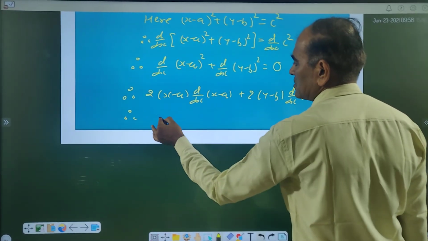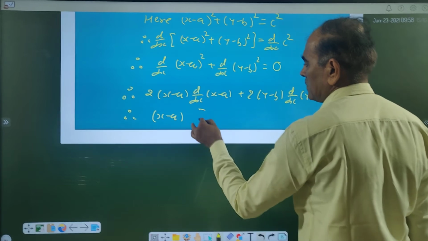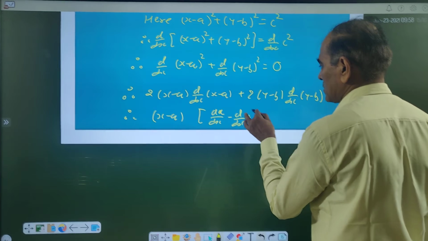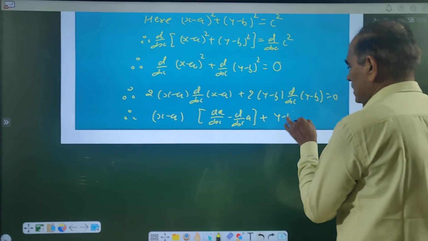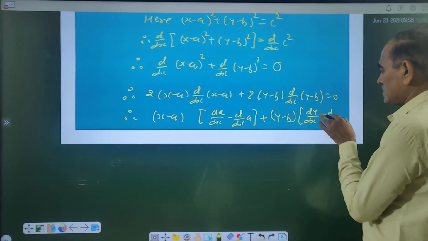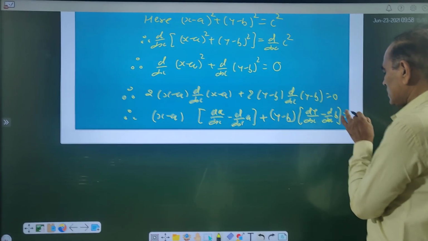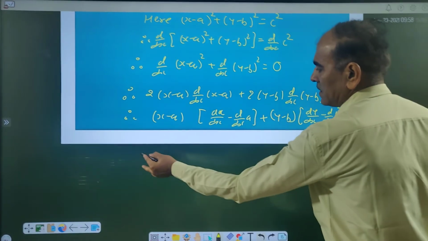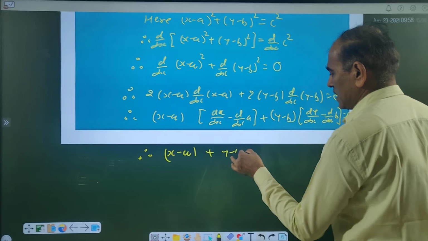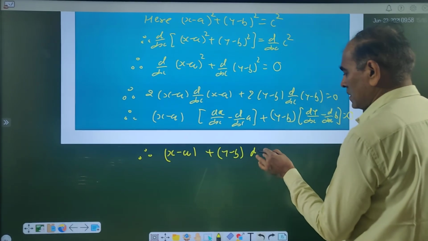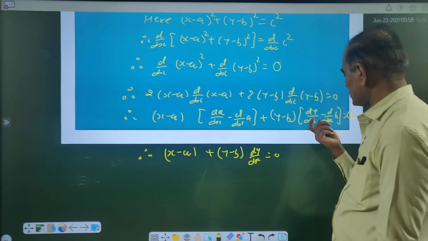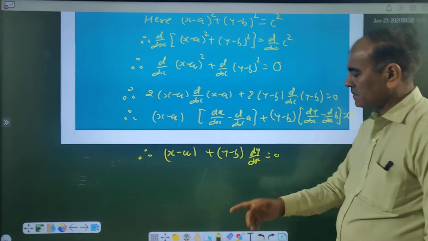Cancel the 2 on both sides. For x minus a, we write dx by dx minus d by dx of a; for y minus b, d by dx of y minus d by dx of b, is equal to 0. So what we get? (x minus a) plus (y minus b) into dy by dx is equal to 0. This one is 0, this one is 1, this one is dy by dx, this one is 0.